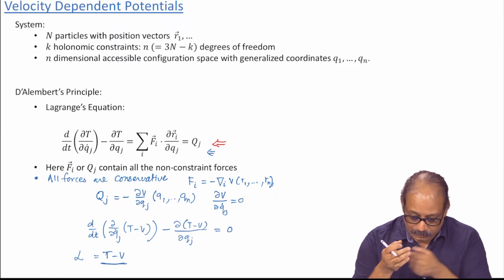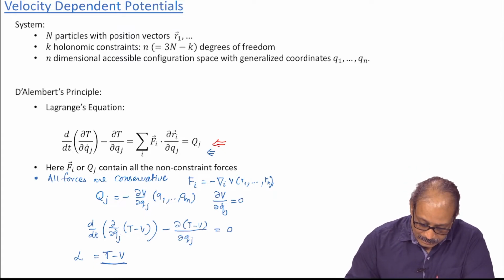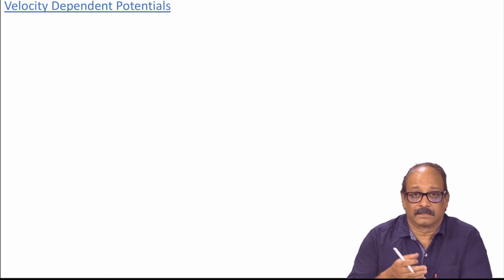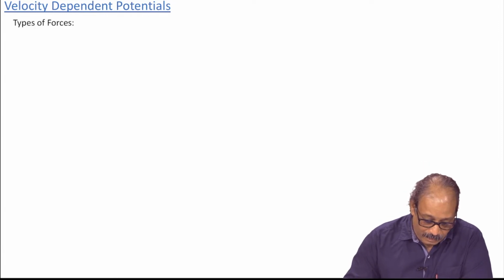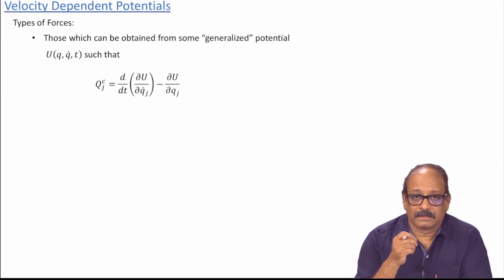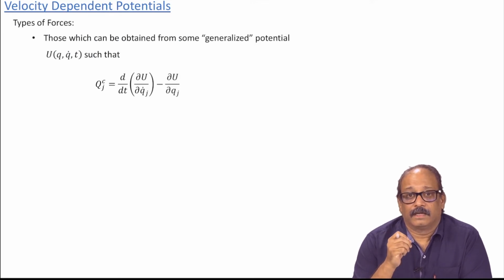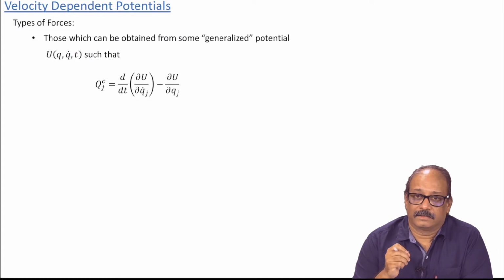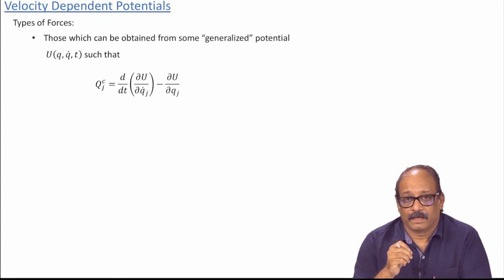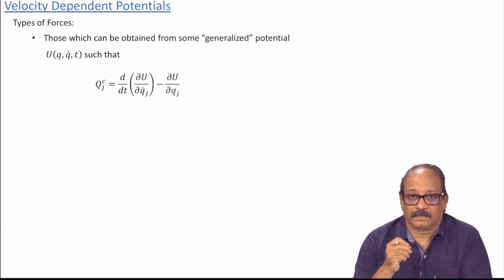So, there are ways of doing that. Consider the next possibility where I have these forces. Do I need to write them as a differential or gradient of some potential? How about the notion of generalized potential?